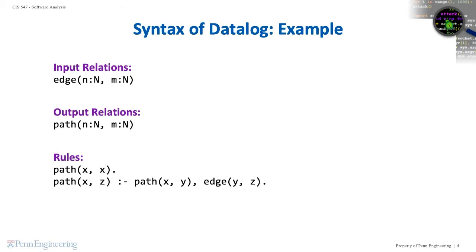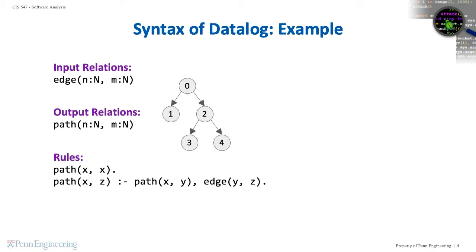For the graph reachability problem, the input is a single binary relation called edge(N, M), where N and M are variables of type node, denoted by capital N, the set of all nodes. This relation encodes the edges in the input graph.